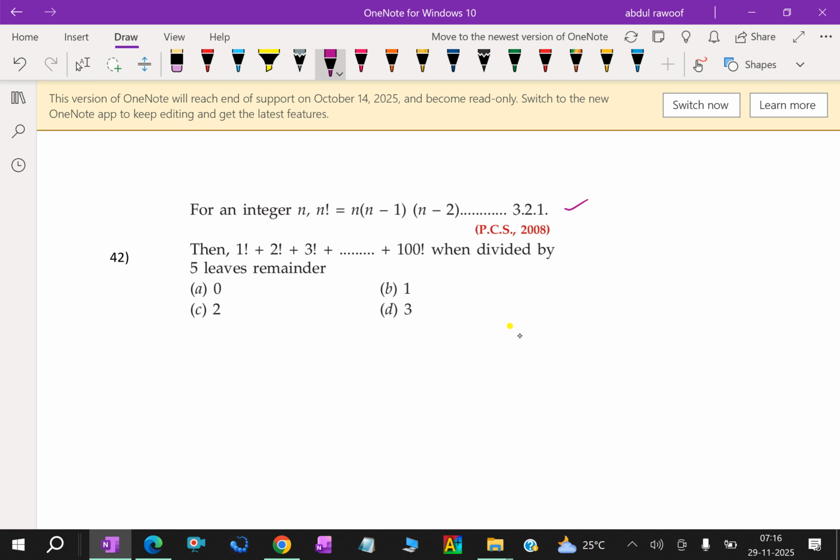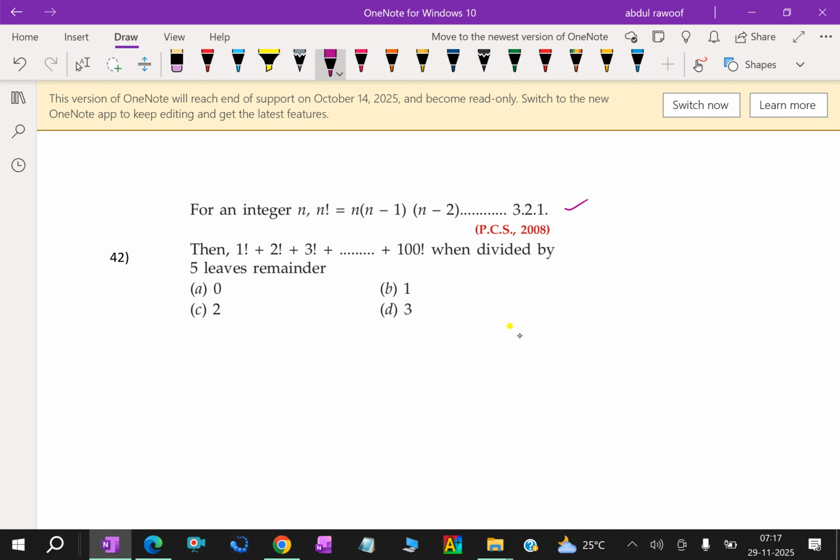Look at this. First, every number from 5 factorial onwards is completely divisible by 5, because 1 factorial is 1, 2 factorial is 2, 3 factorial is 6, 4 factorial is 24, and 5 factorial onwards is divisible by 5.